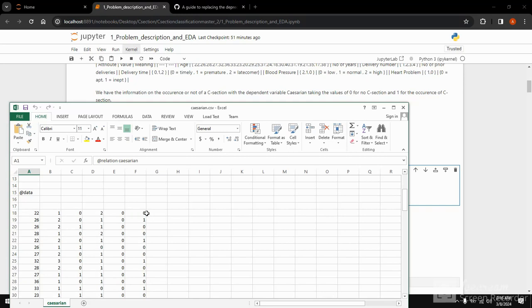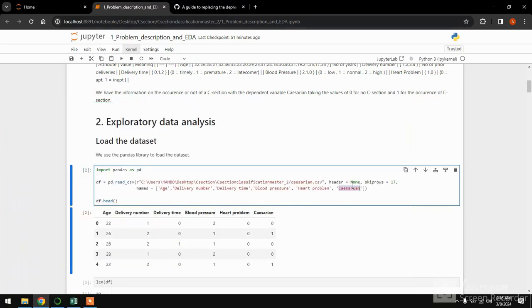So we need to collect whether the person has given birth before, how old she was, and then at the end we say yes or no. Did they have a C-section birth? No, that's a 0. Yes, that's a 1. I think that's quite clear.